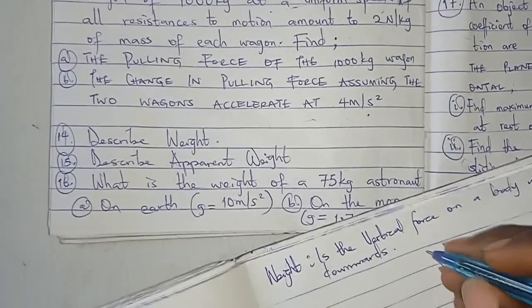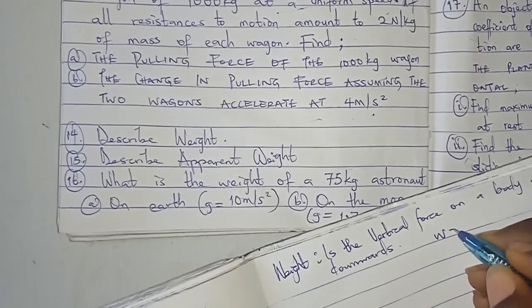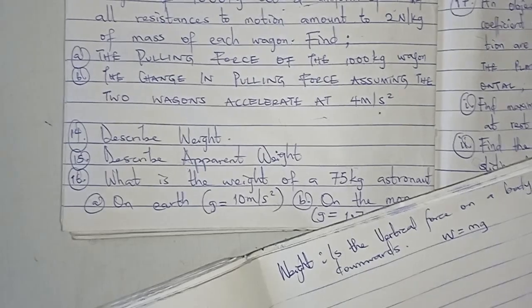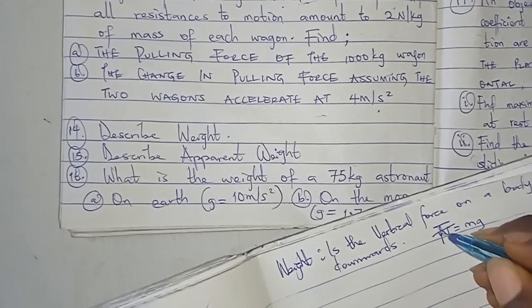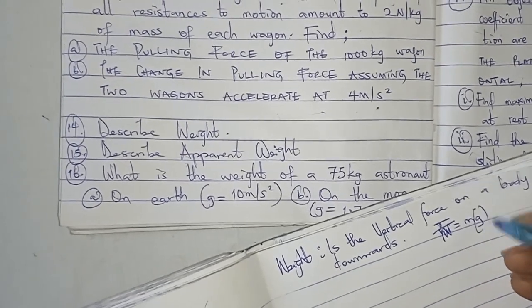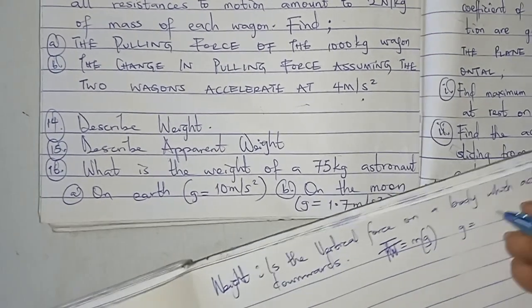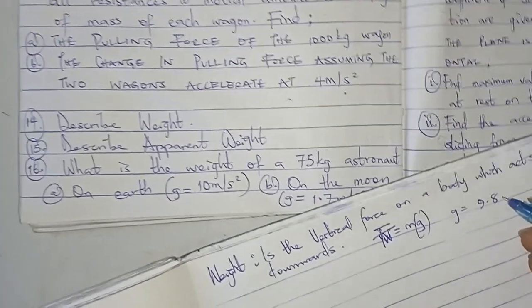Whichever way. And we say that weight is given by mg. You see it, weight is a force and is equal to mg, where g is acceleration due to gravity and is equal to 9.8 meters per second squared.